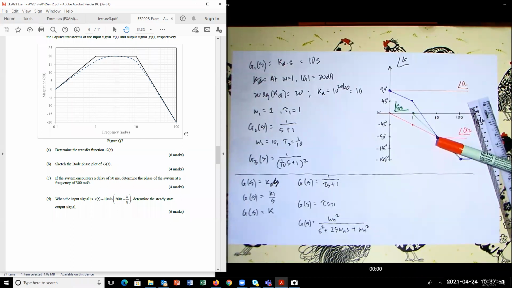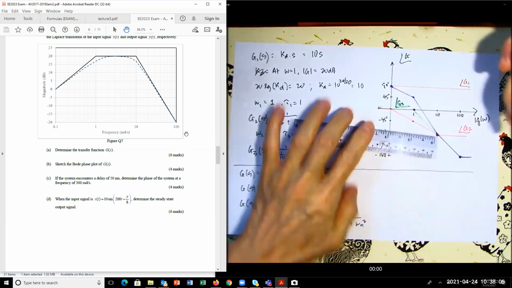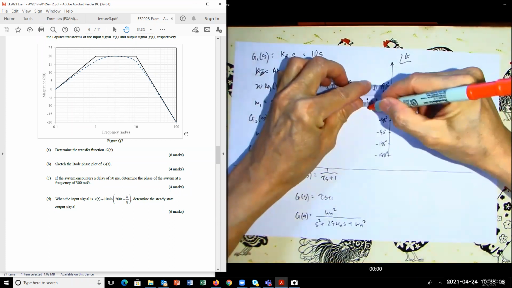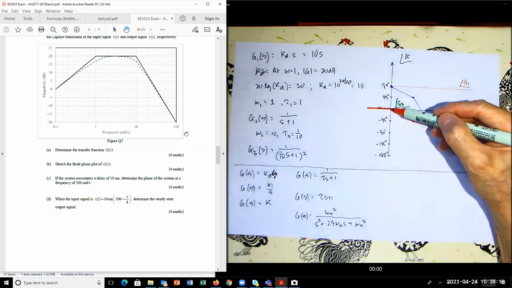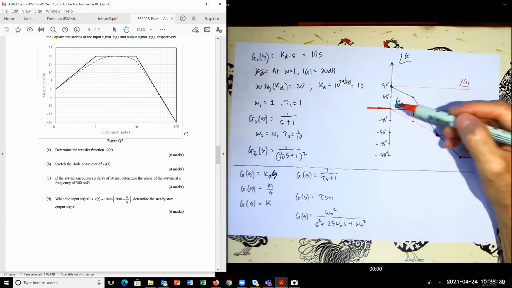But based on your graph, it should be a horizontal line from 0 first, then go down to minus 45 degrees, but yours goes straight away from 0 down. I didn't draw it. If you like, I will draw the red line here. The line that starts to go down should be from 0.1.